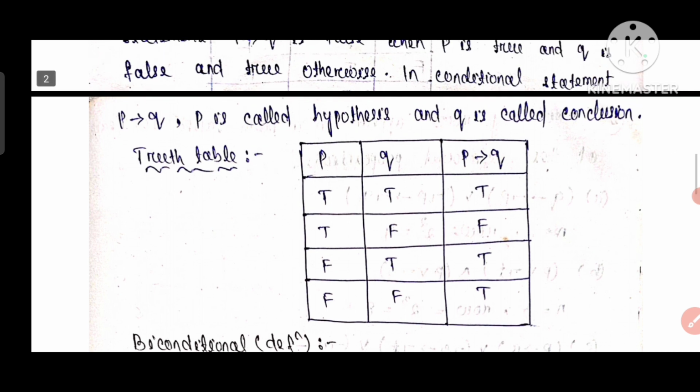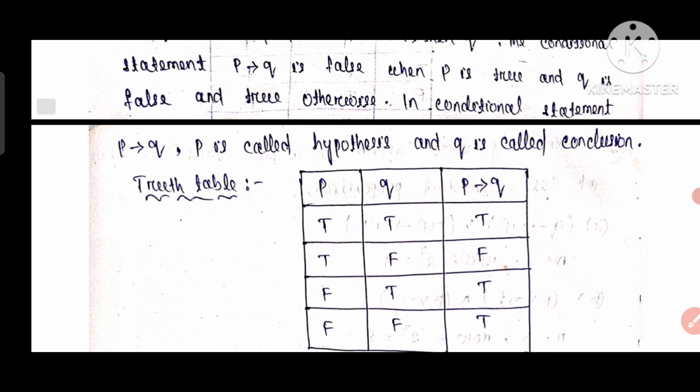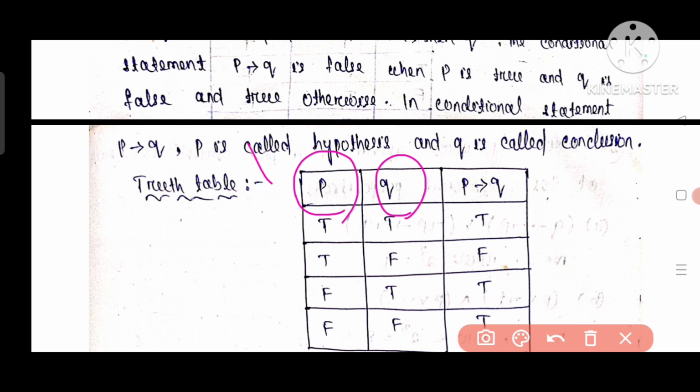If P is true and Q is false, the result is false. Otherwise it will be true. Here we also say that in the case of a conditional statement, P is called the hypothesis and Q is called the conclusion. Clear?